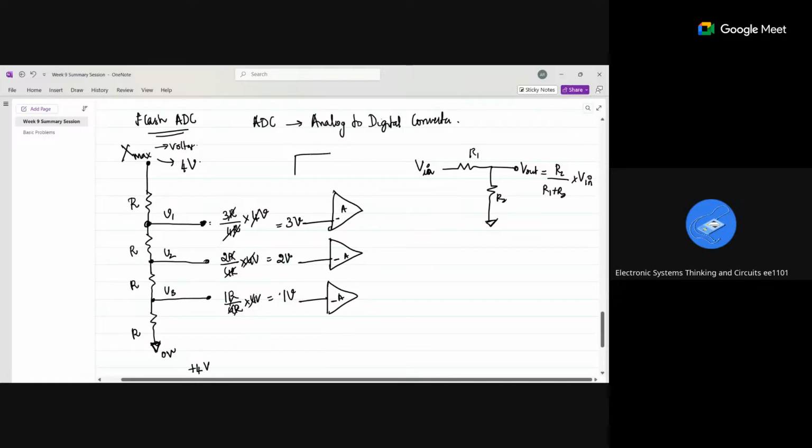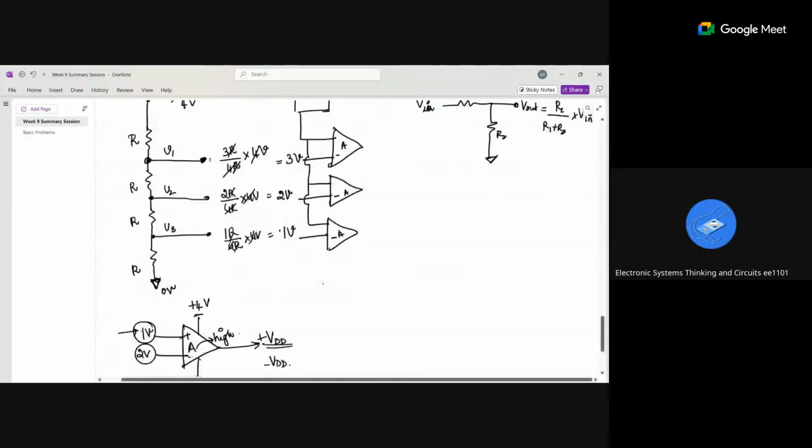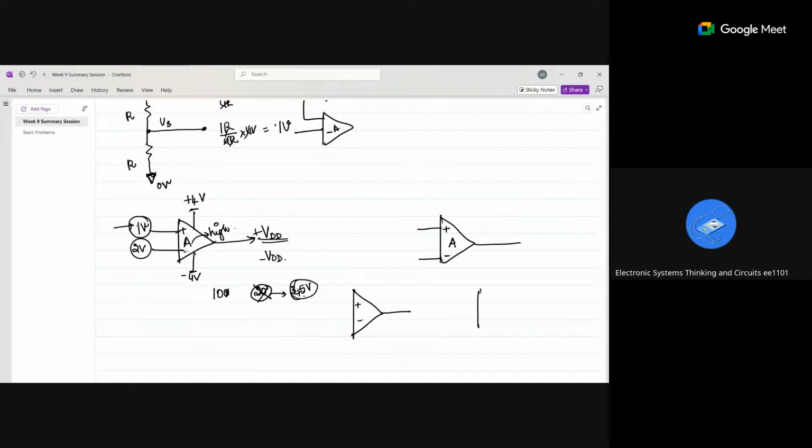Now, ma'am, can you explain once again the differential amplifier? Okay. So there is an amplifier. There is a positive terminal and negative terminal, right? Yes, ma'am. While seeing the non-inverting amplifier, where did we give the input? We gave it in the positive terminal, right?